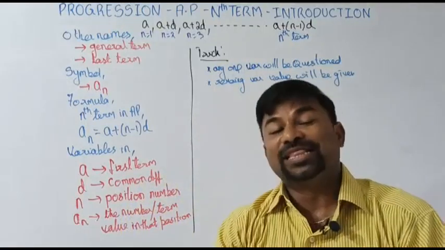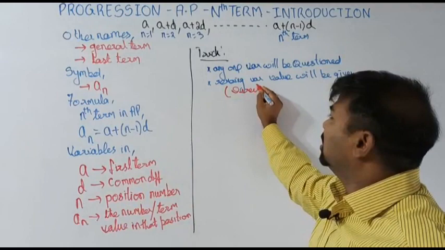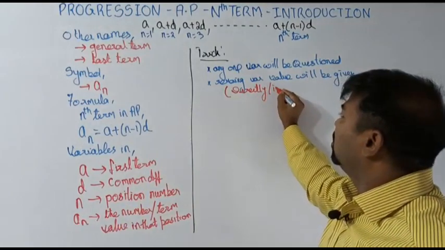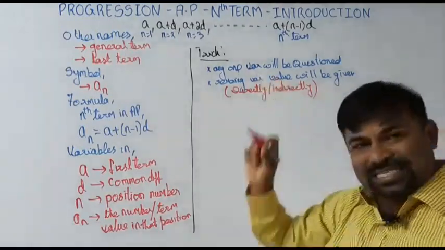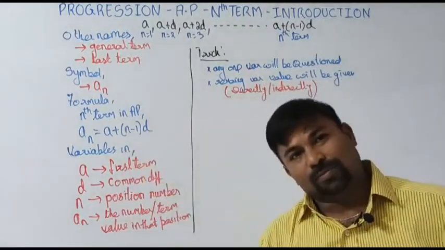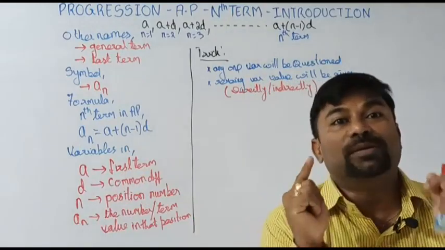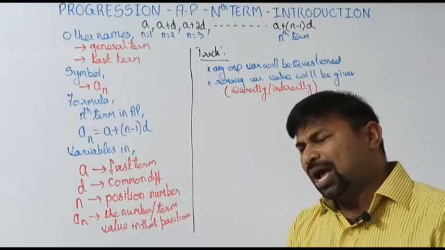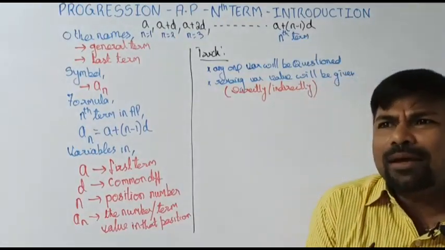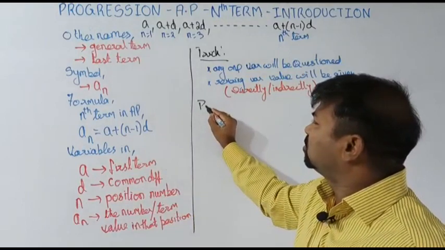They may give it directly or indirectly, but they will give it to you. This is the trick. Out of these 4 variables, one will be asked and the remaining 3 will be given to you. That's the very, very important trick. Now, how do they ask this? What is the purpose?